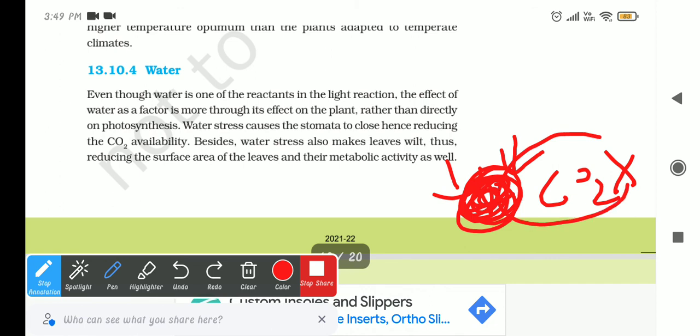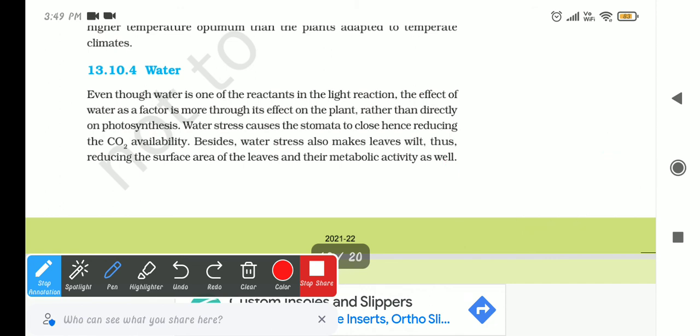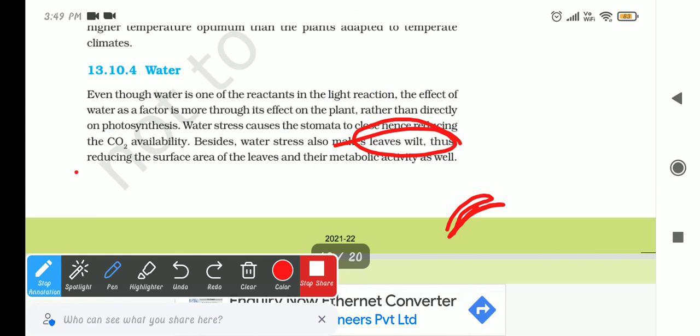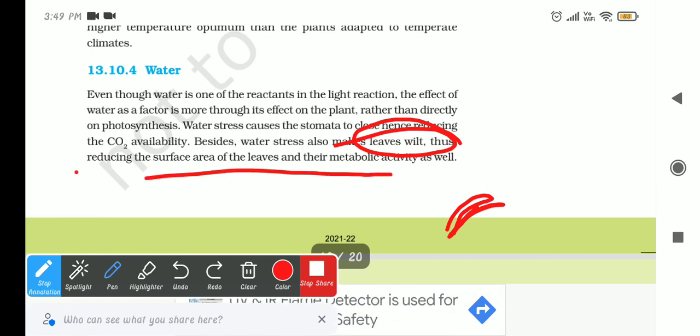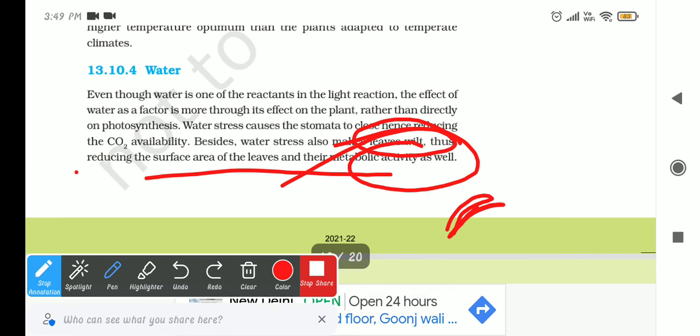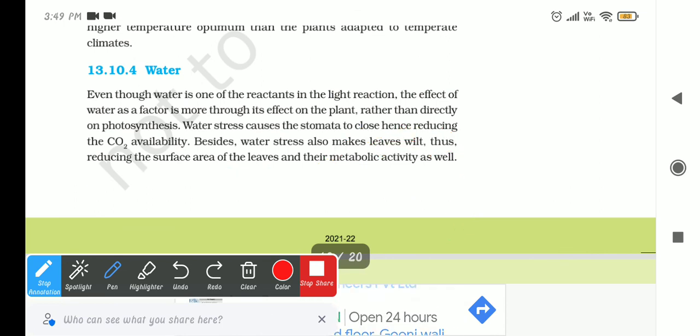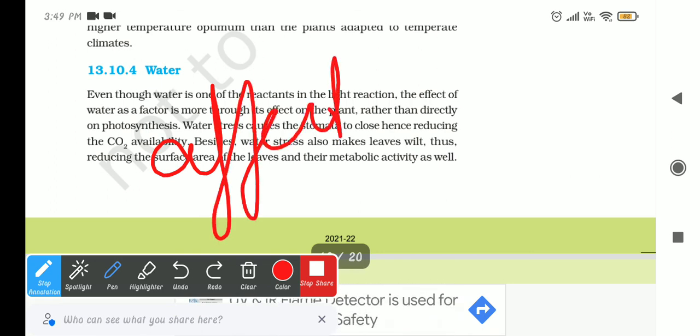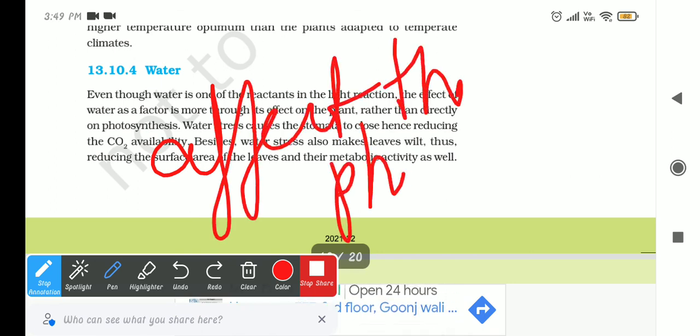Water stress can also make the leaves wilt. This reduces the surface area of the leaves and metabolic activities as well, and this overall affects the rate of photosynthesis.